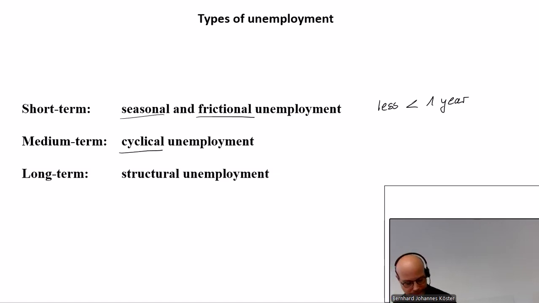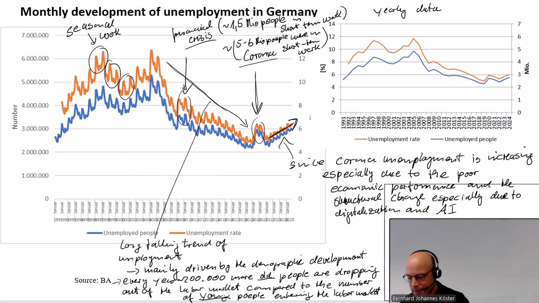And with this, we can maybe explain the increase in the actual situation, because cyclical unemployment means that the unemployment rate follows the economic performance with a lag of roughly 3 to 6 months. So in a good economic situation, unemployment is declining, and in a bad economic situation, unemployment is increasing.